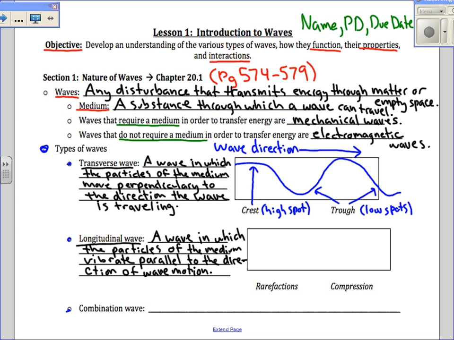So basically, in the same direction. Okay, these are longitudinal waves. A good example of a longitudinal wave is a sound wave. Okay, for instance, sound waves produced by vibrating drums form compressions and rarefactions.